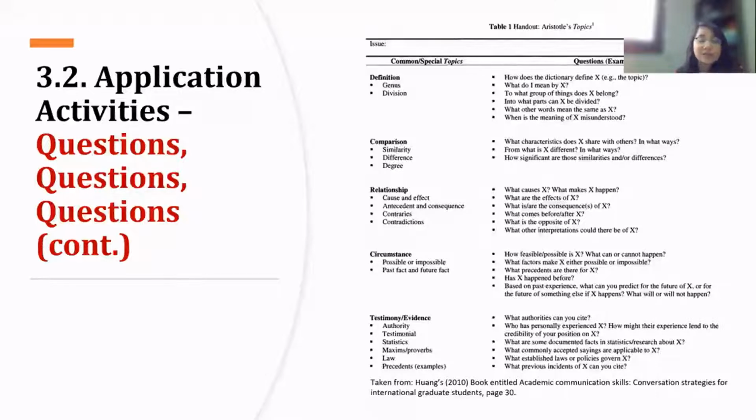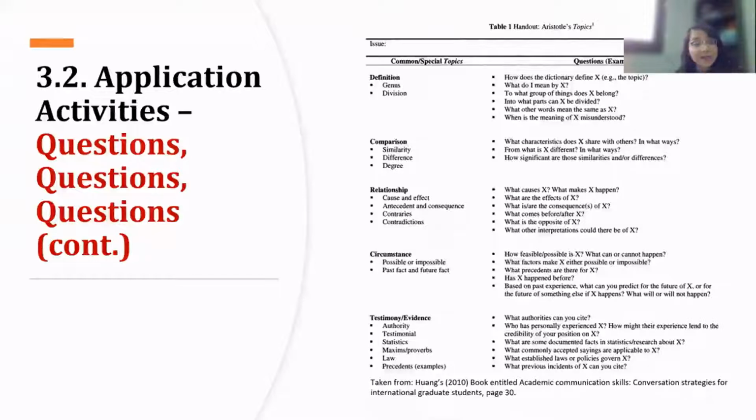If you want to ask about the relationship between two issues being discussed, you may choose whether it is a cause and effect relationship, a contrarious relationship, or other types. Examples of questions you can use to ask about relationship are: what is the opposite of X?